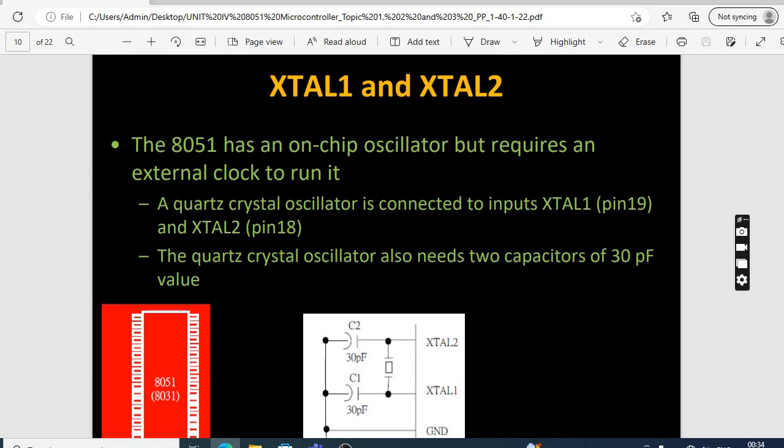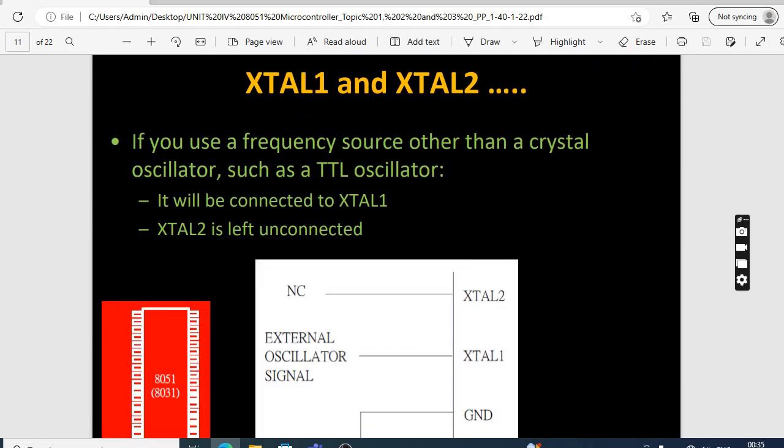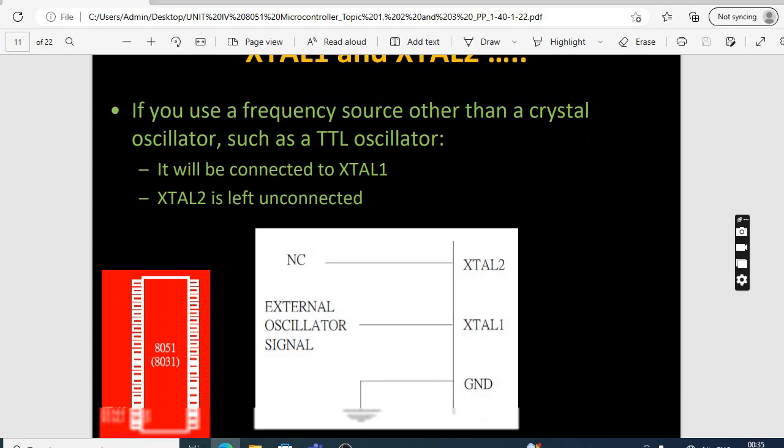For the crystal oscillator, we have pin numbers 18 and 19, and they are meant for generating the operating clock frequency, which is 11.0592 MHz, with a structure of two capacitors connected in parallel with a quartz crystal oscillator, with a capacitor value of 30 picofarad. Of the two crystal oscillator pins we mentioned, if we connect one crystal oscillator pin, the other will be left as no connection.